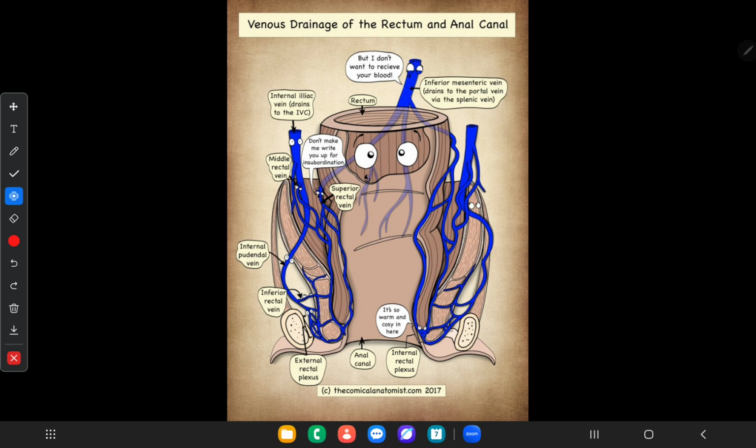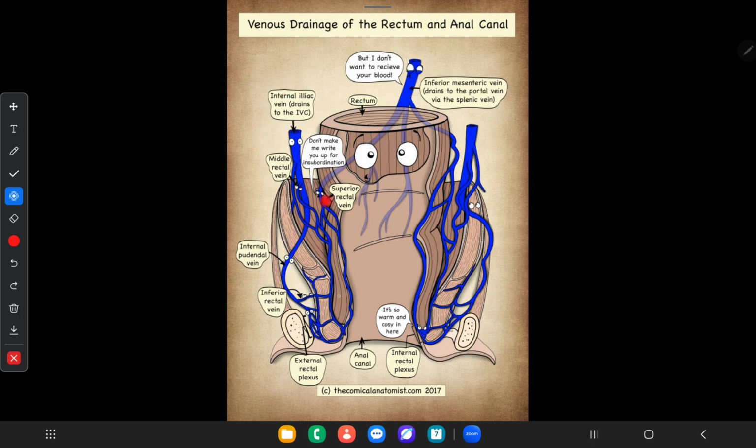When we talk about the venous drainage, here there is the internal rectal plexus and the external rectal plexus. Here the venous plexus drains into the inferior rectal vein as in this diagram. The inferior rectal vein drains into the internal pudendal vein, then the internal pudendal vein drains into the internal iliac vein.